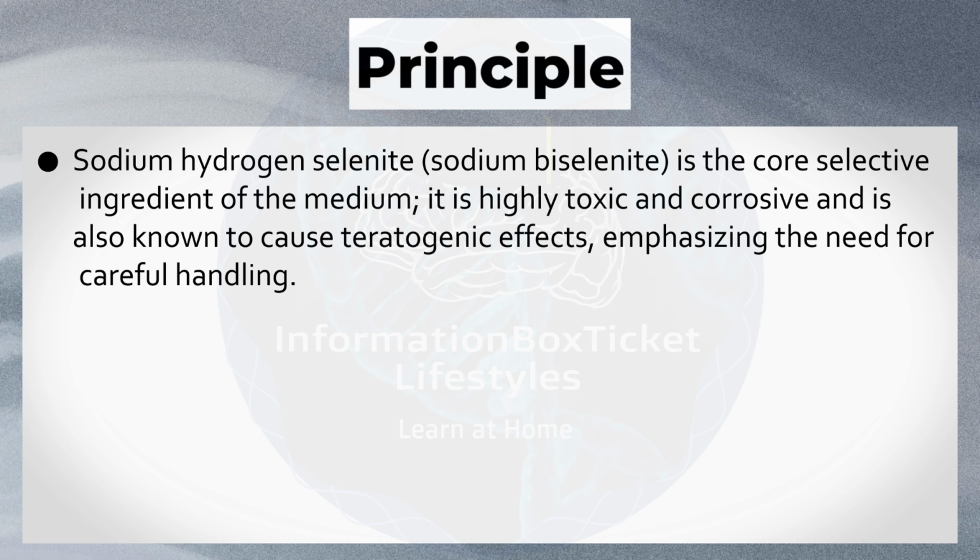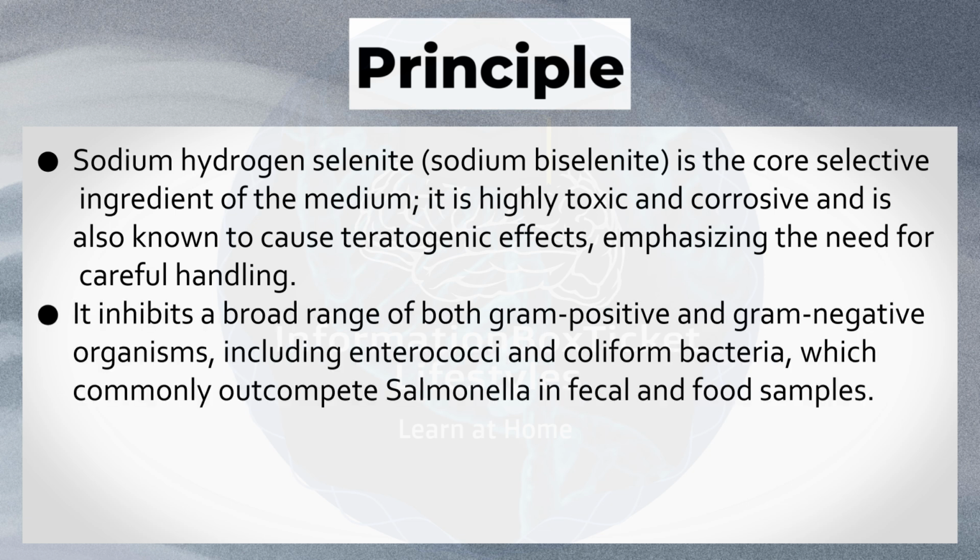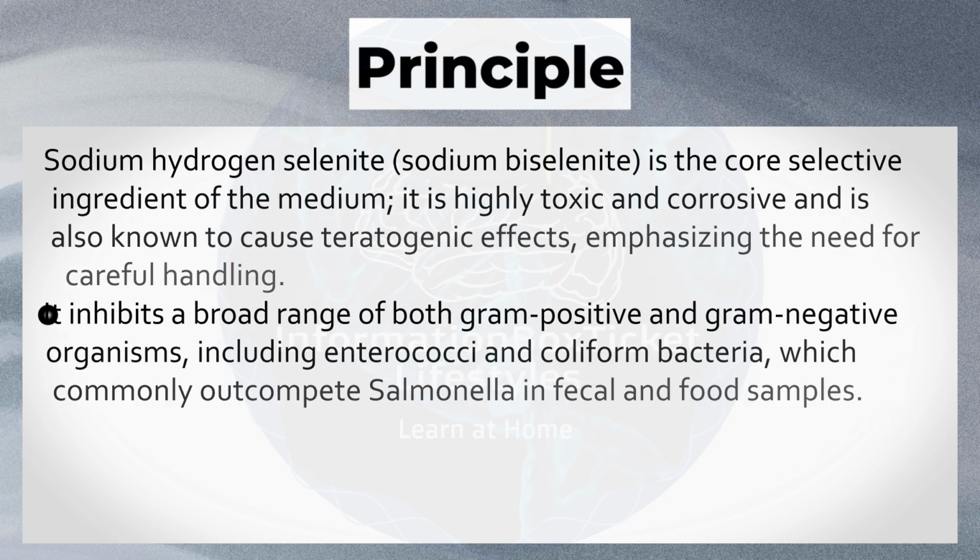It is highly toxic and corrosive and is also known to cause teratogenic effects, emphasizing the need for careful handling. It inhibits a broad range of both gram-positive and gram-negative organisms, including Enterococci and coliform bacteria, which commonly outcompete Salmonella in fecal and food samples.